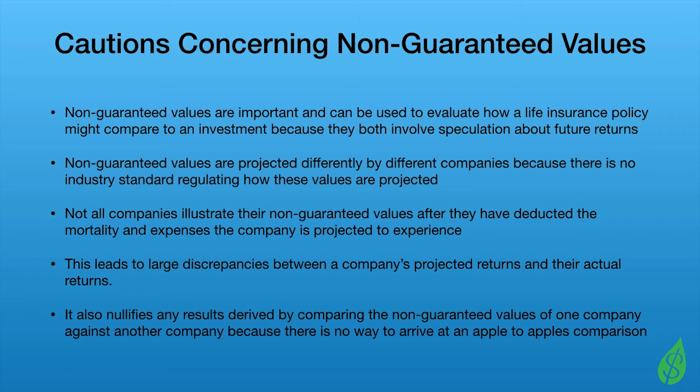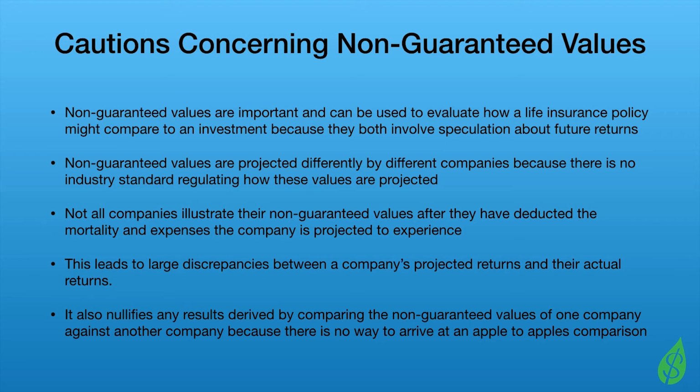For example, not all companies illustrate their non-guaranteed values after they've deducted the mortality and expenses the company is projected to experience. That's going to skew the numbers in their favor. This leads to large discrepancies between a company's projected returns and their actual returns, and can be very disappointing for people that were setting their sights on those non-guaranteed values.